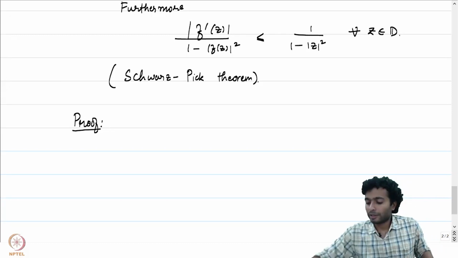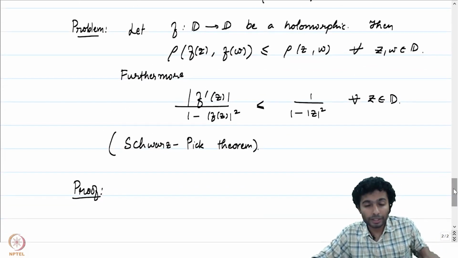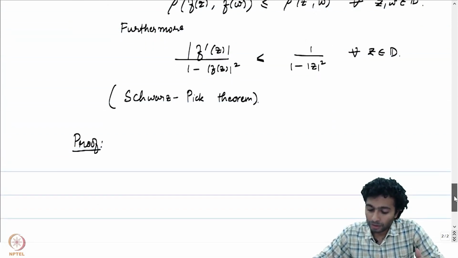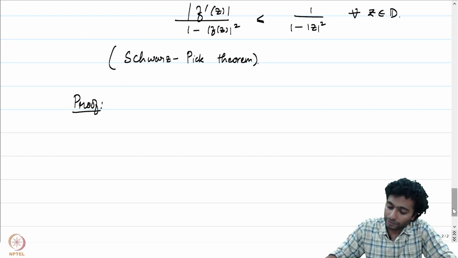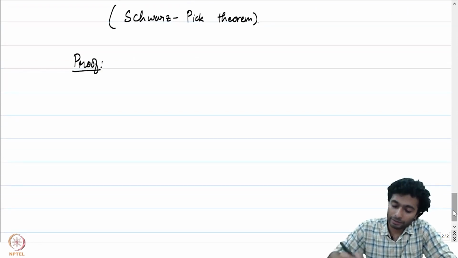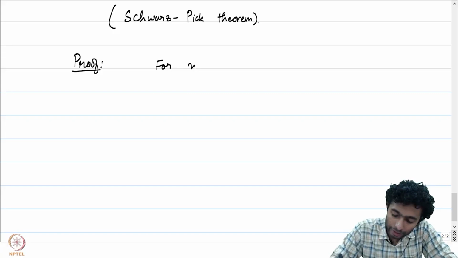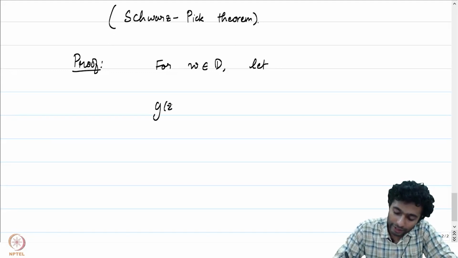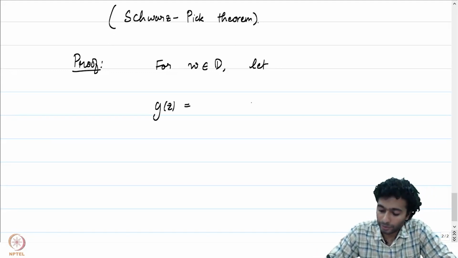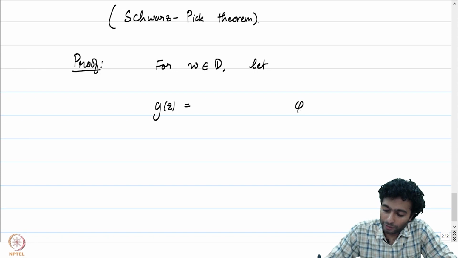As I had noted earlier, this statement is going to follow from ideas which we developed in the previous problem. To implement that, let's follow the same technique. So for w in the unit disk, let g of z be defined to be equal to phi of minus w.